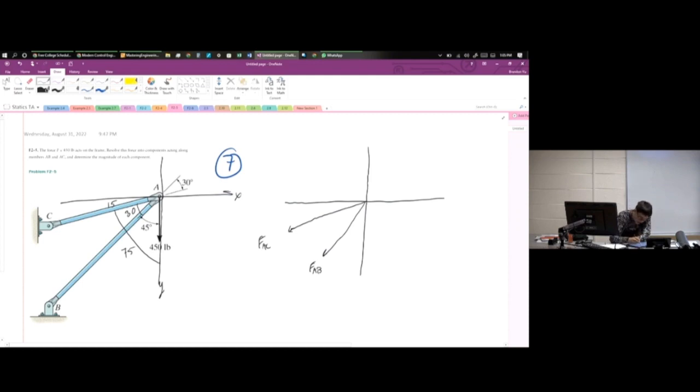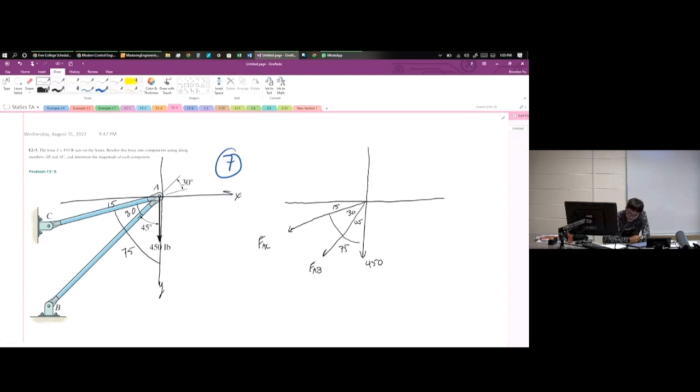And then we have that negative 450, sorry, that acts in a directly downward force. And then we, of course, have our 45 here, the 15 here, 30 here, and 75 here. So all I did was just redraw it so it looks like forces instead of a picture.